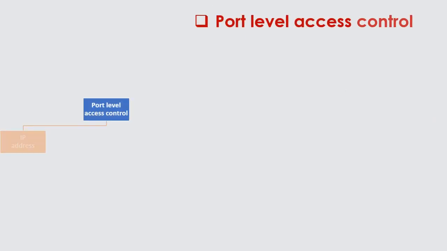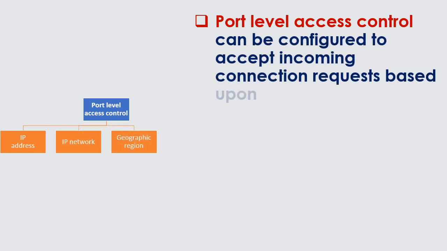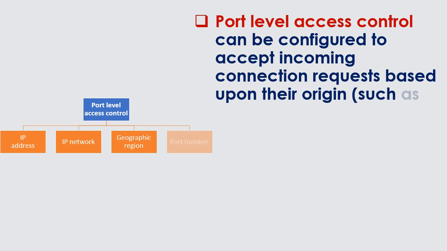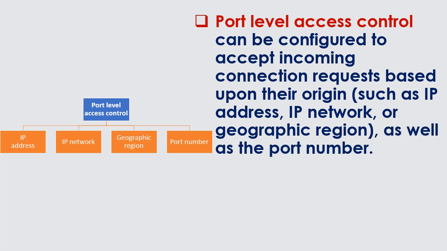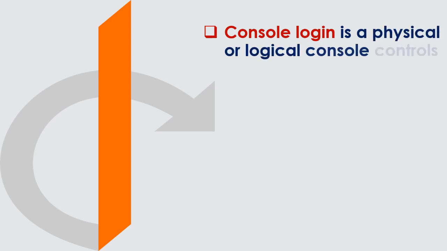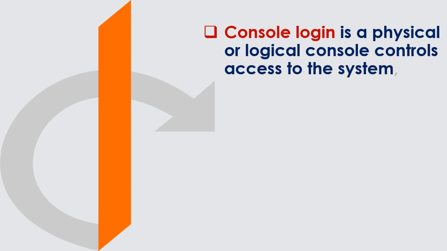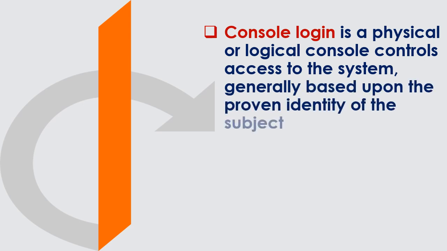Port-level access control can be configured to accept incoming connection requests based upon their origin, such as IP address, IP network, or geographic region, as well as the port number. Console login: a physical or logical console controls access to the system, generally based upon the proven identity of the subject who wants to connect.